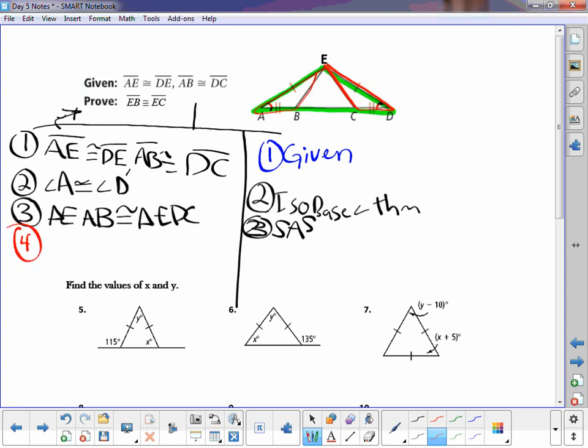Who feels confident with step 4? Go ahead, Ryan. Come on up.